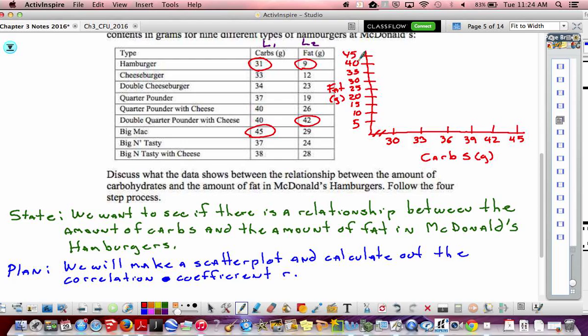Even if I asked you on a test to graph one, I'd probably give you a data set maybe this big. We only have 9 hamburgers. That's not too bad to graph.